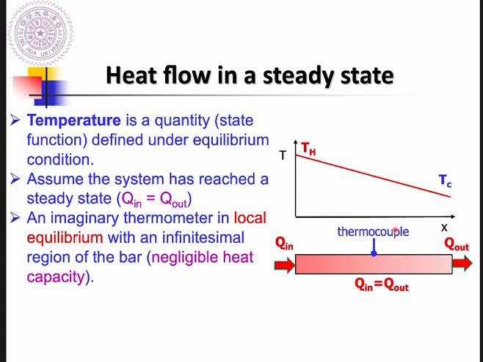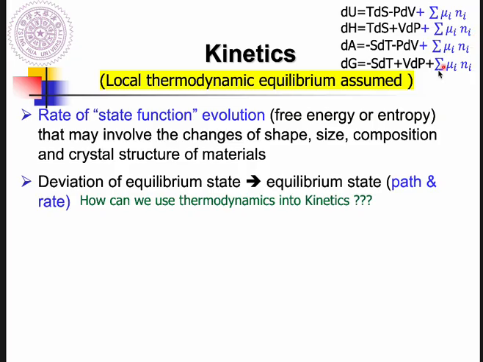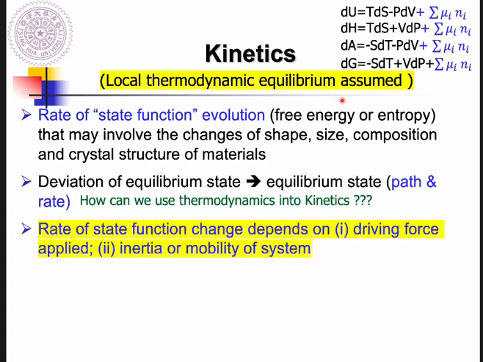Based on this, each location can be considered as a local thermodynamic equilibrium condition. That will allow this flow process, this kinetics process, to use the energy state function derived from thermodynamics to simply calculate this kinetics process.